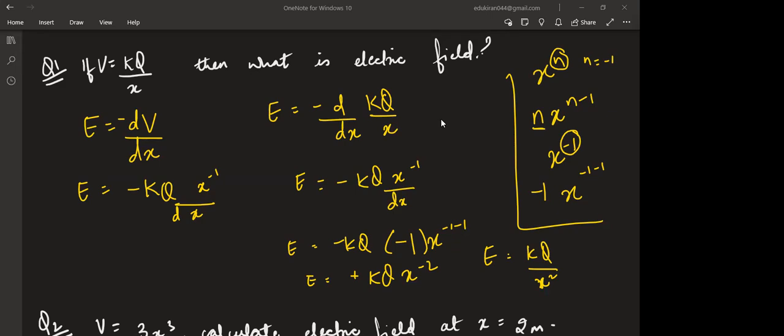These types of questions can come in MCQ, because if you know how to solve this question, it won't take your time. It is a very short one or two liner question. It isn't part of the derivation, but it can come in MCQs and in very short mark questions, 2 markers.